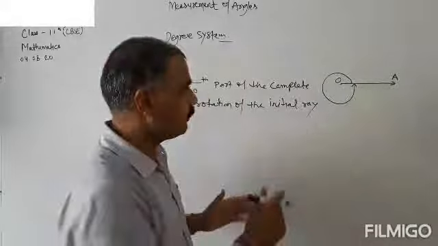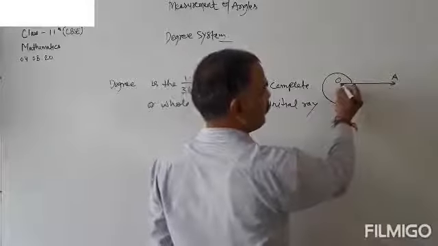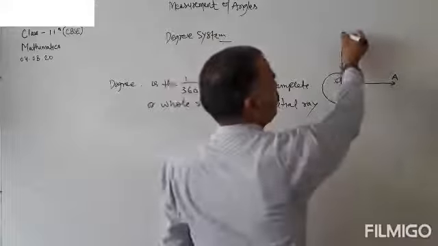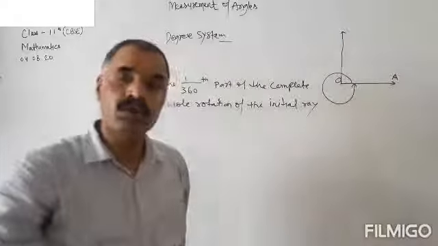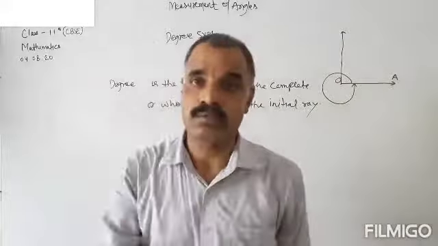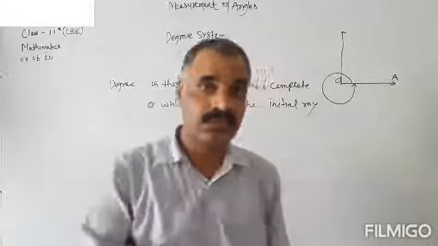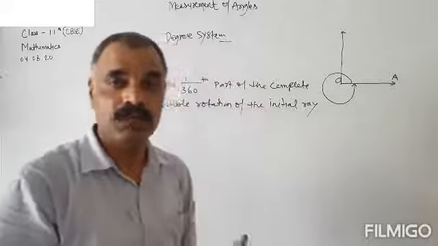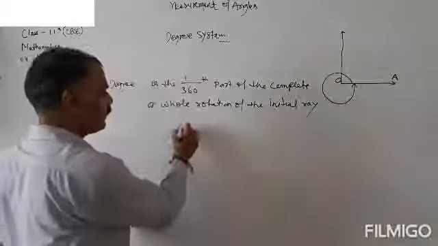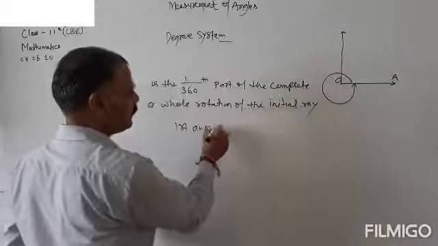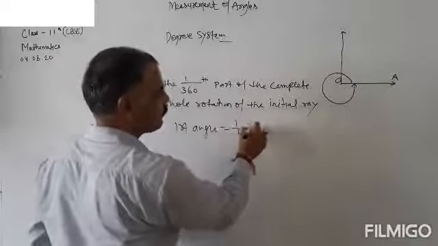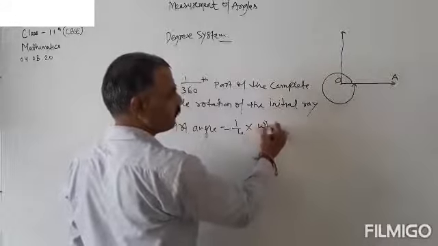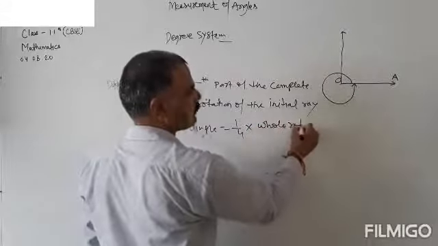Now if we take 1/4 of the complete rotation, that is the fourth part of the whole rotation, then this is said to be the right angle. So one right angle is equal to 1/4 of the complete or whole rotation.